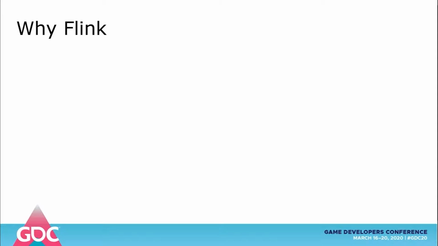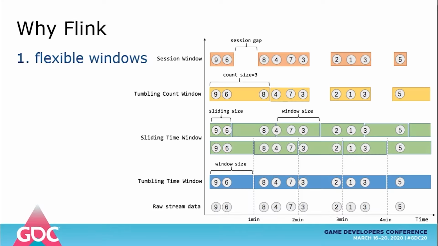For the advantages of Flink, first of all, it has flexible windows, such as tumbling and sliding windows. This will be explained to you in detail in the following cases with my colleague.